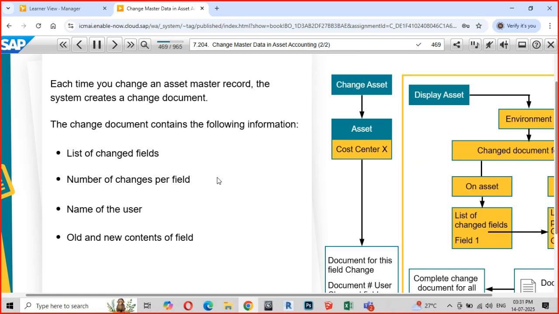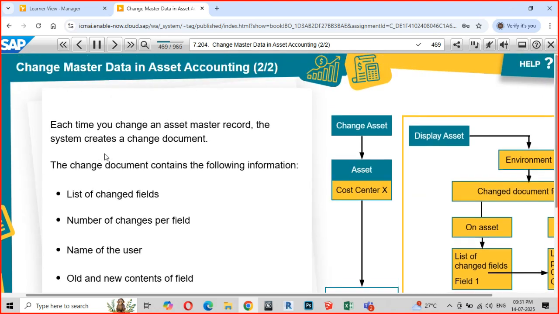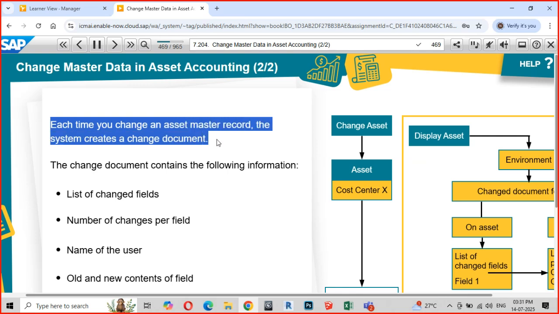If there is some change in some data, and if my supervisor is looking at who has changed this data, and if my name appears, I cannot deny that I have not changed this data. So that is the meaning of this particular sentence.